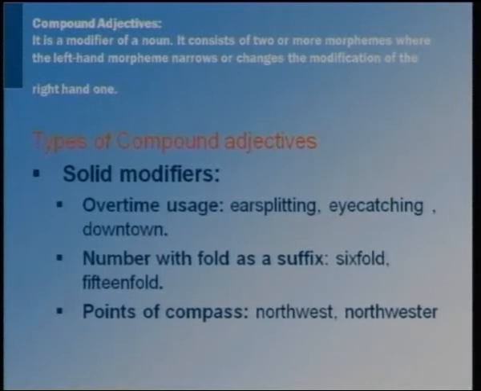The number preceding the word fold comes out as a solid compound, for example 6-fold, 15-fold. Also, all points of the compass are solid: northwest, northwestern.